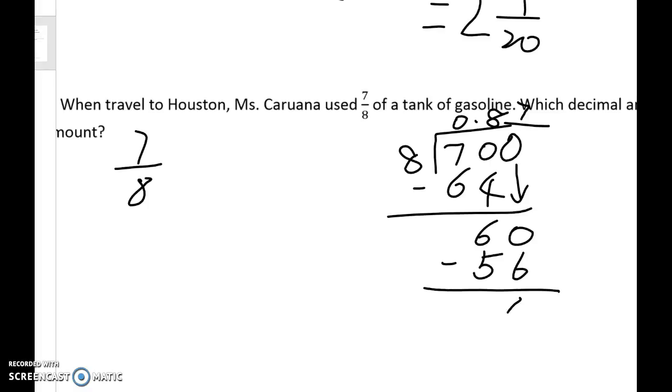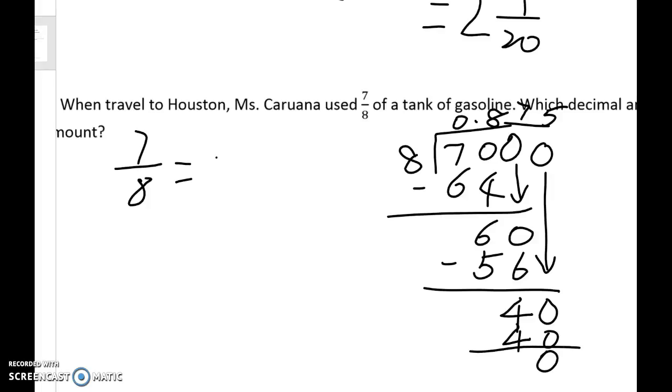Do the subtraction, 4, not enough, another 0, drop it down, 0. So now 8 into 40, 5 times. So 5 times 8, 40, and my decimal is 0.875.